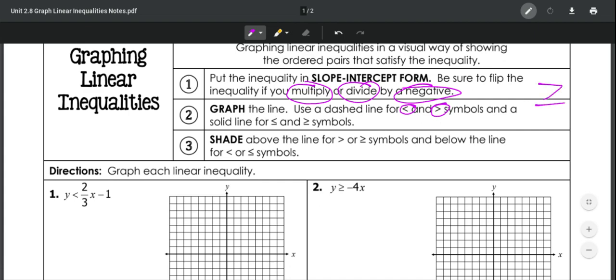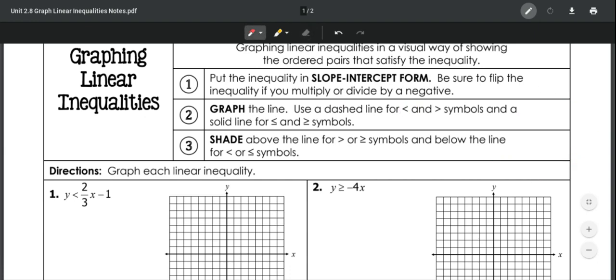If it's got that line under the inequality sign, then I use a full line. But if that line is not there, that means I use a dotted line. That's really the difference between those, and that's just stuff you've got to memorize.